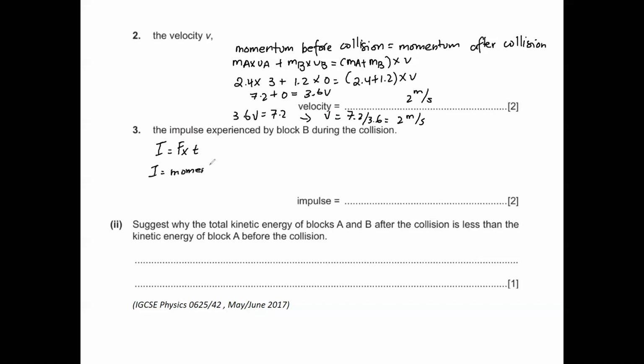But here we don't have the force or the time, so we use the momentum of block B. We write mass B times the change in velocity of B. The mass B is 1.2, and the velocity changes from 0 before collision to 2 after, so 2 minus 0, after collision minus before collision. So 1.2 times 2 is 2.4 kg m over s.